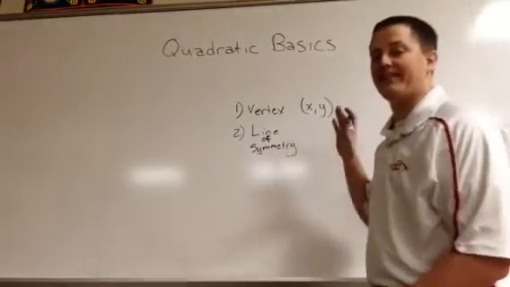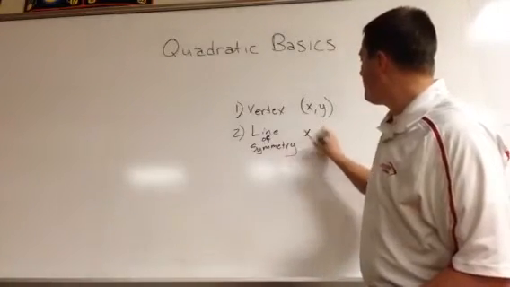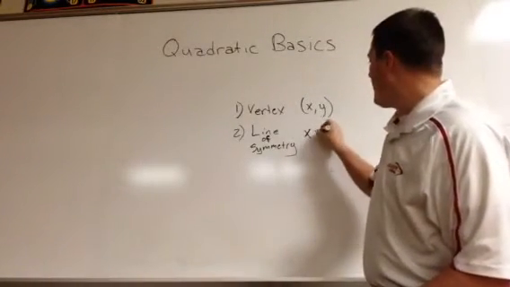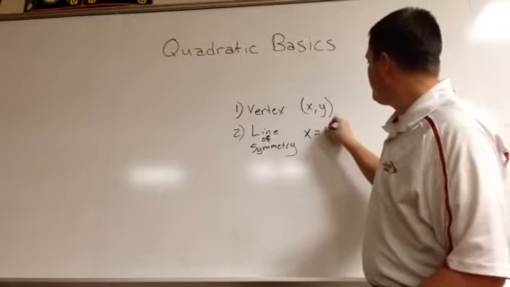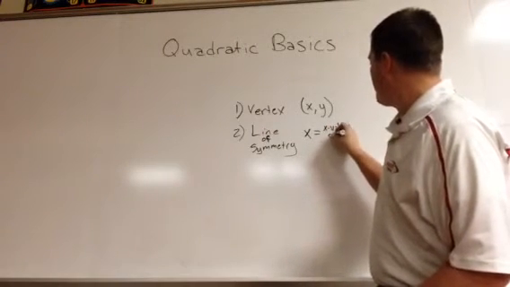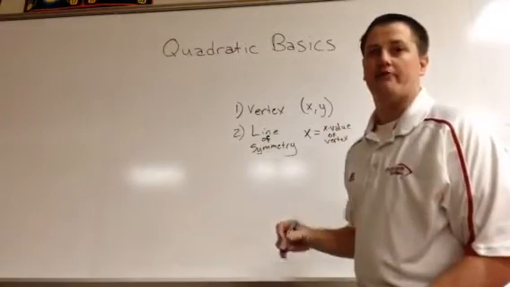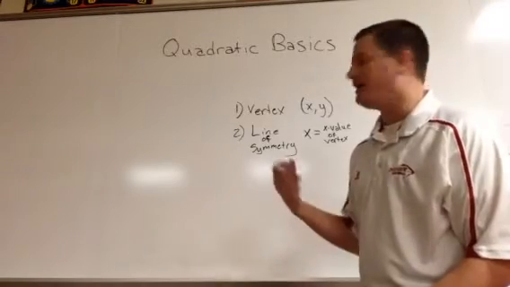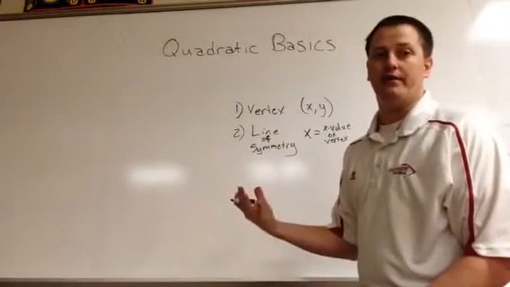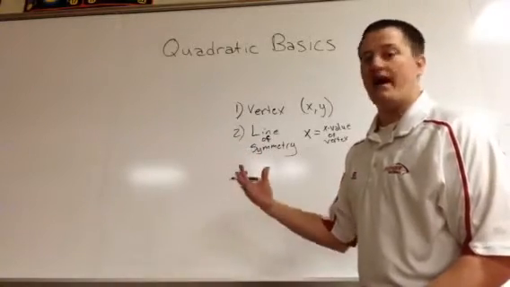This happens at the vertex, and so the line of symmetry is represented by an equation where x equals the x value of the vertex. For example, if the vertex is (5, 1), then the line of symmetry is x equals 5.